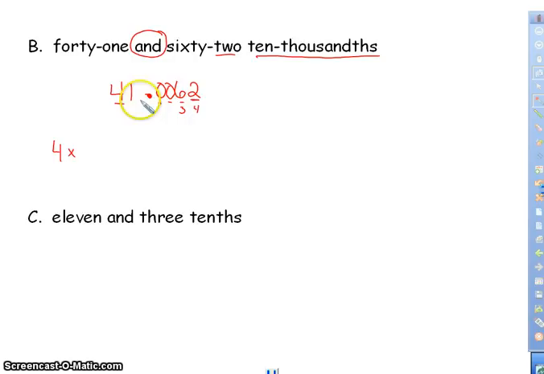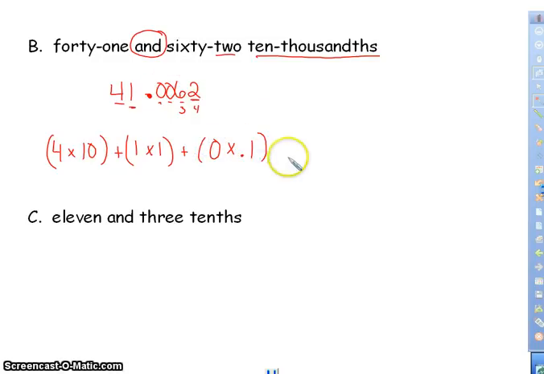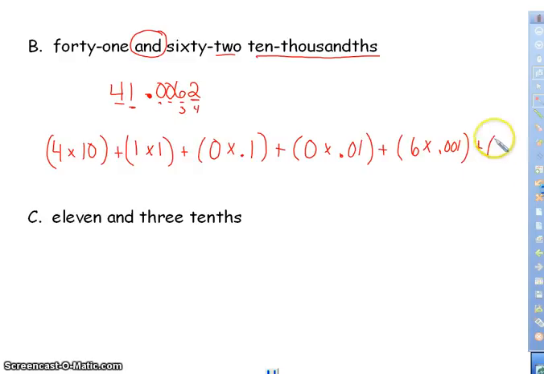So I have 4, and this is a 10, so 4 times 10, and once again, this is all coming from that chart, plus 1, and that 1 is in the ones place column, so times 1, plus, now I have a 0 that's in the tenths spot, so times 0.1, and you can always use that chart, guys, make sure you're using the chart, plus, I have another 0, times 0.01 plus 6 times 0.001 plus 2 times 0.0001.